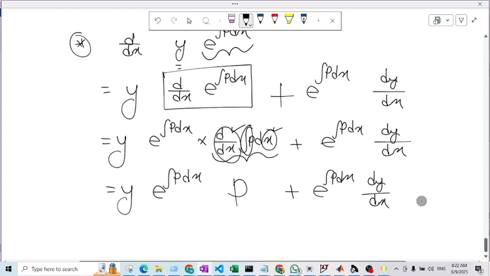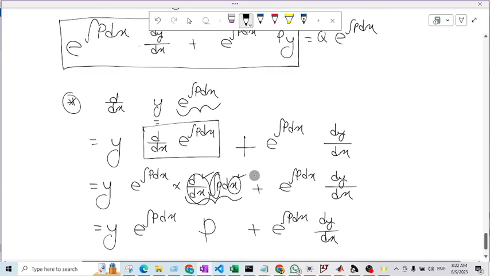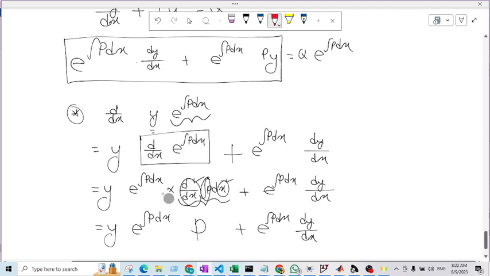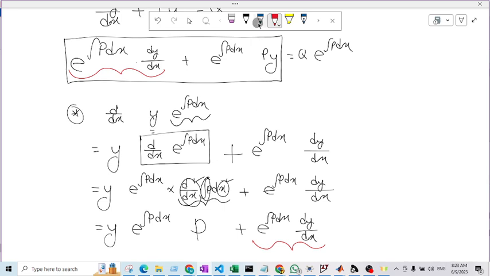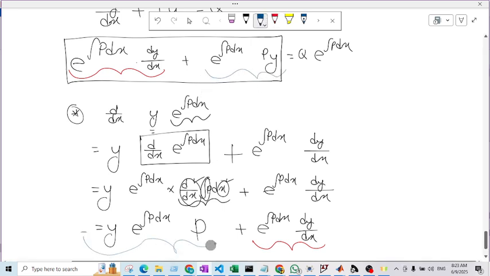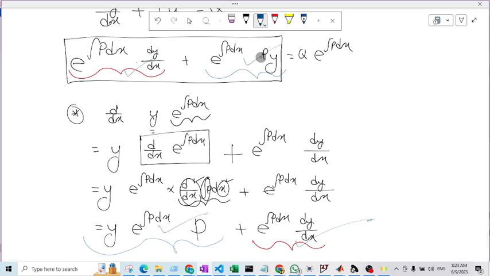Now let's check this. This term is equal to this term, and this term is equal to this term.